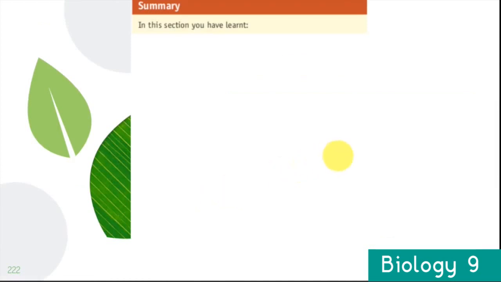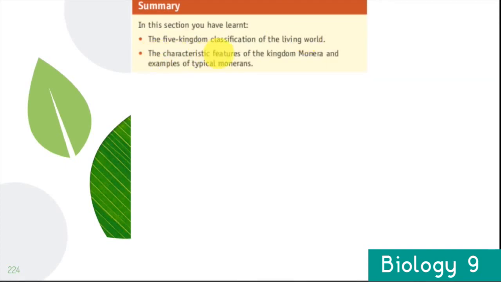Okay, we got through this quite long section, so well done. What we've learnt in this is that there's the 5 kingdom classification system of the living world, and there's characteristic features of the kingdom Monera and examples of typical monerans, the bacteria, no nucleus, all of that sort of stuff.